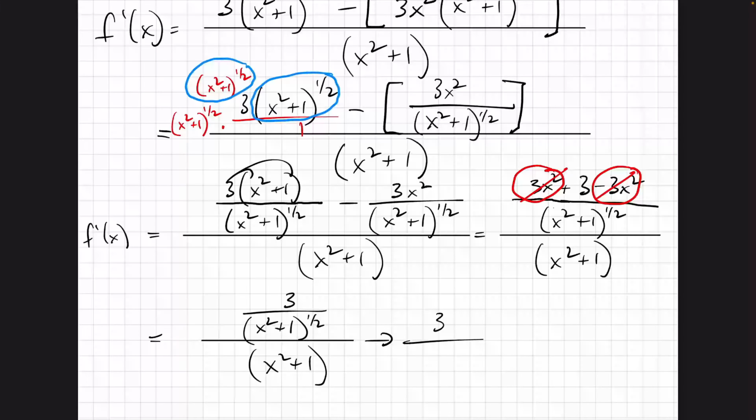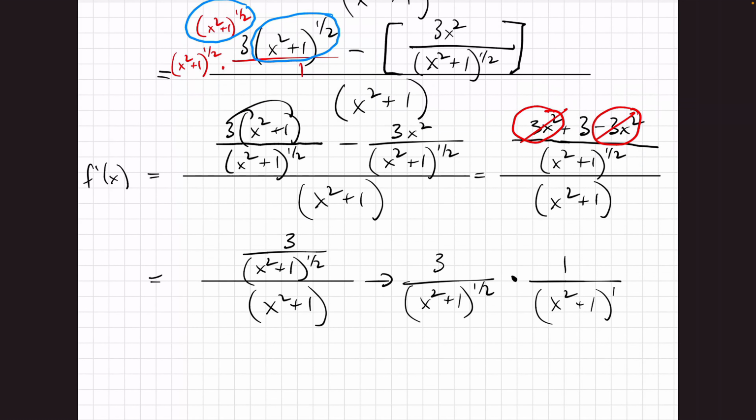Keep the first one. Multiply, change the second one. That's going to go on the bottom. To the first power. You get 3 over x squared plus 1 to the 3 over 2.